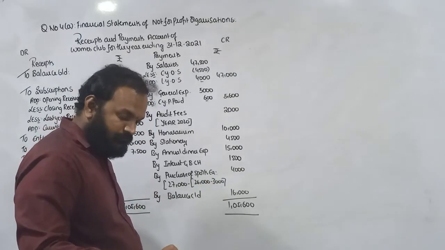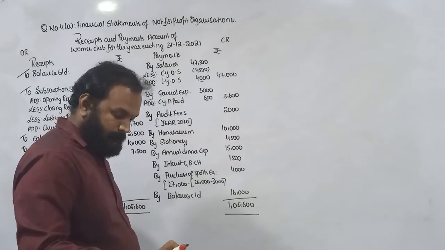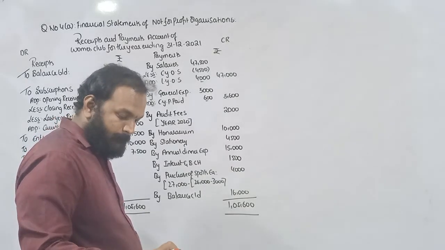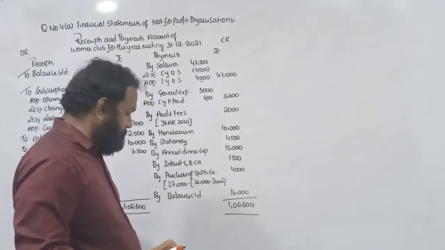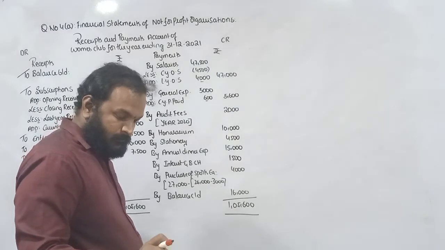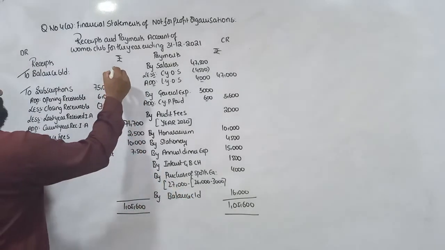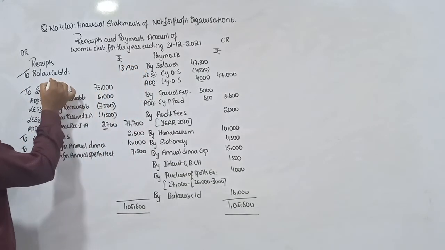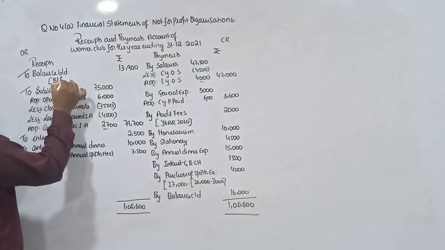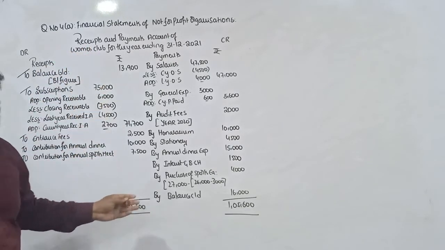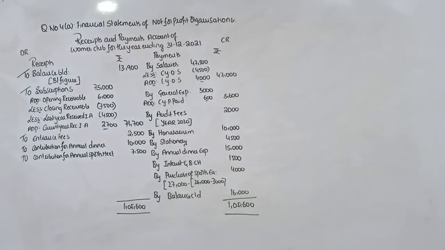Right? It's how much? 13,900 is the balancing figure. This is the answer of the first part, boys and girls.